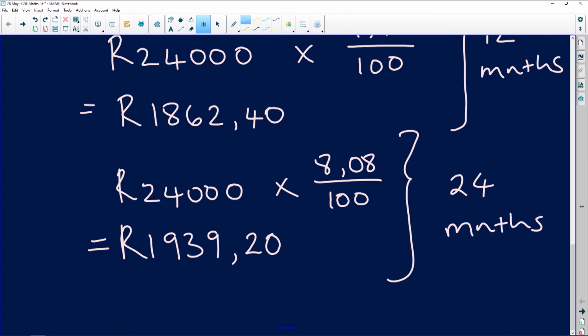And because this one is for 24 months, let's go back, read the question, and see if we've really answered what we've been asked. It says to us, calculate the difference. We want to know what the difference is going to be between the two.